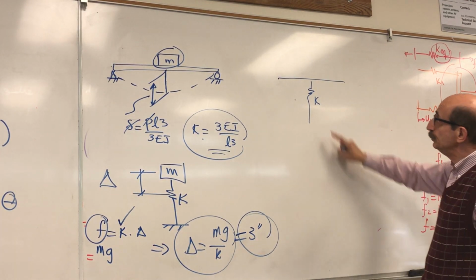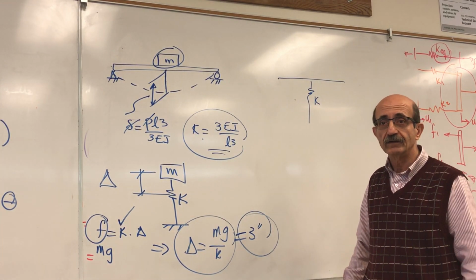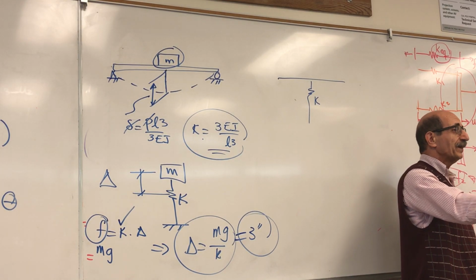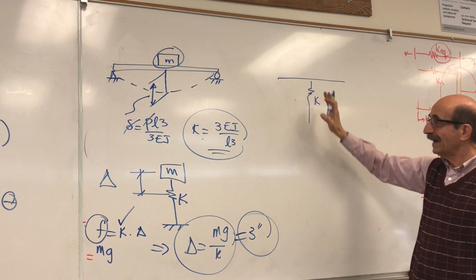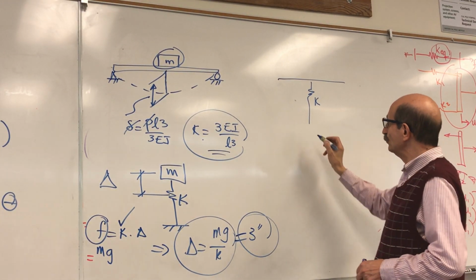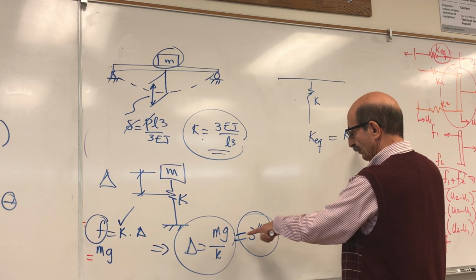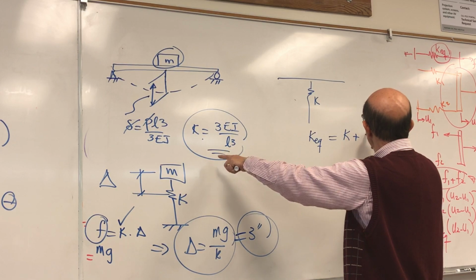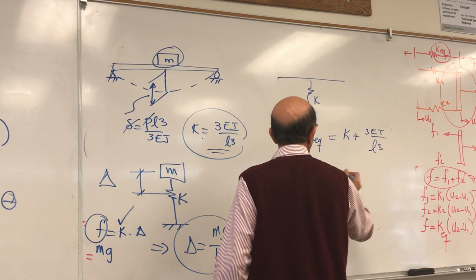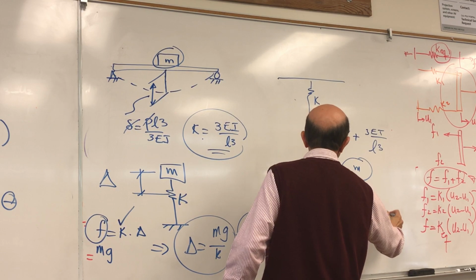First of all, when you put a spring here, what would be the total stiffness now? They are in parallel, because the beam and the spring are going through the same displacement. So the total K would be K plus whatever you found here, 3EI over L cubed. Now you have this mass and this equivalent stiffness.